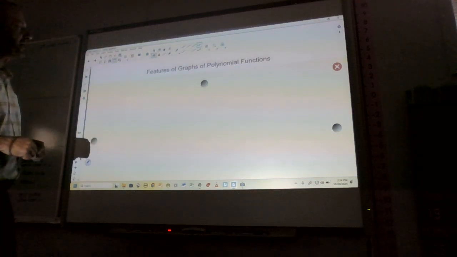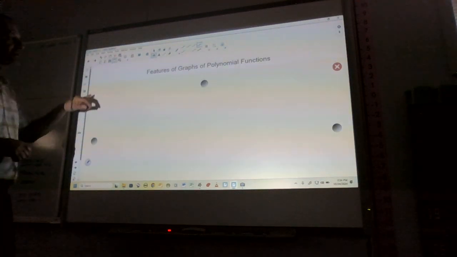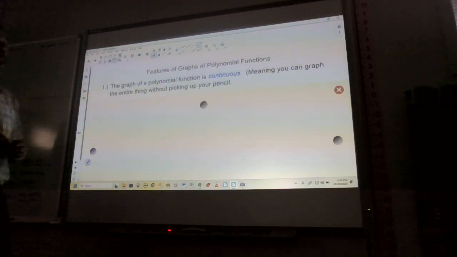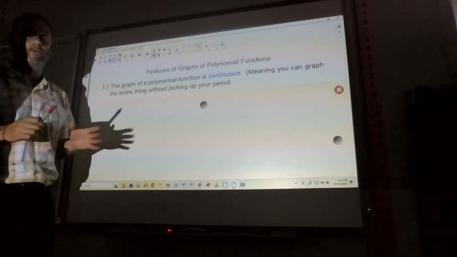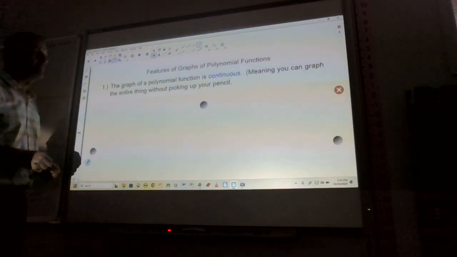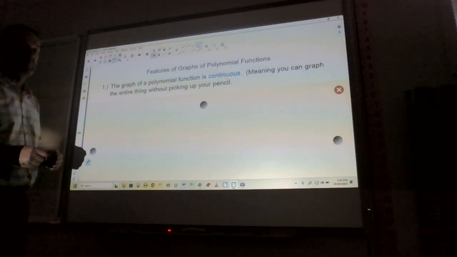Okay, so we're going to talk about features of graphs of polynomial functions. The graph of a polynomial function is continuous. They're always continuous. That means that you can graph the entire thing without picking up your pencil.